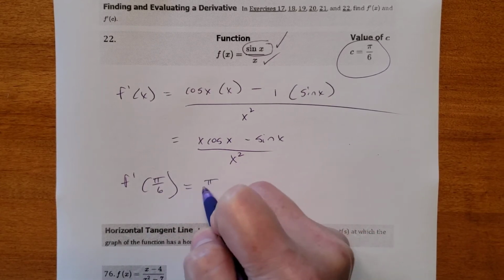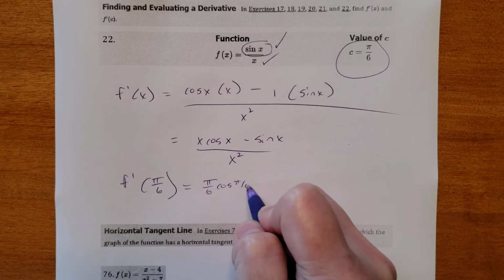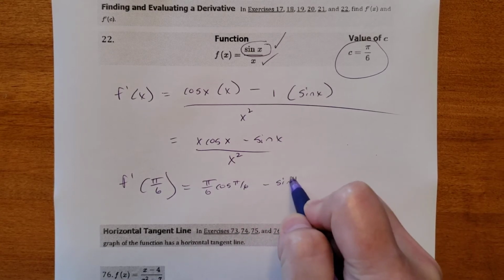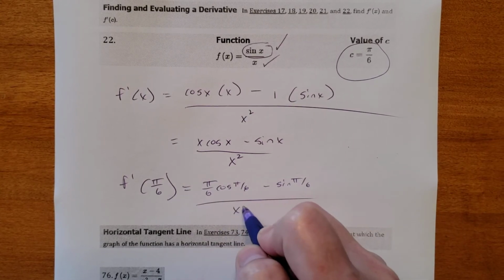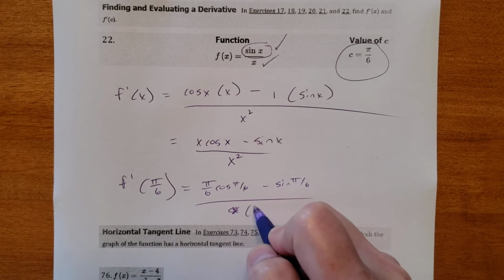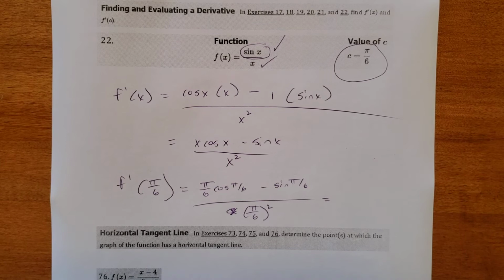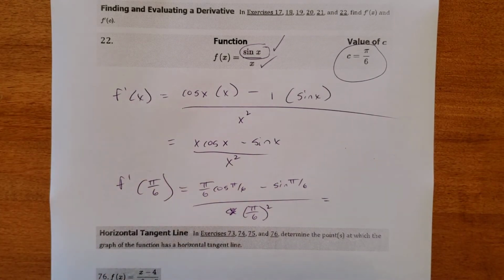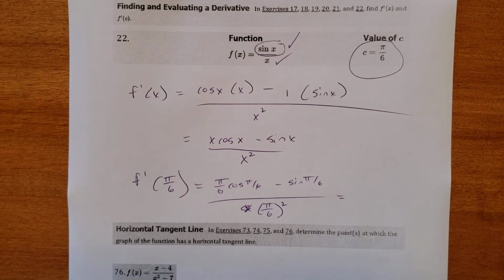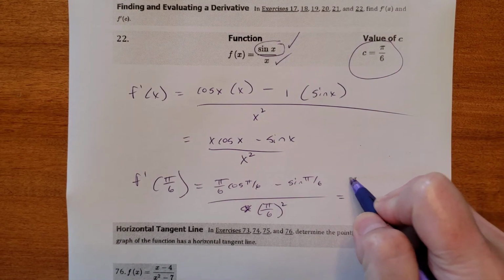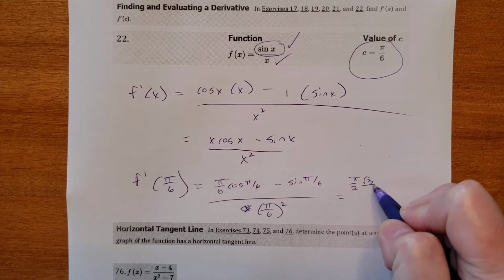So that'd be pi over 6 cosine pi over 6 minus the sine of pi over 6 over x squared, which is pi over 6 squared. All right, so the cosine of 30 degrees, it's the first one on your unit circle. The cosine of that is radical 3 over 2. So it's pi over 6 times radical 3 over 2.